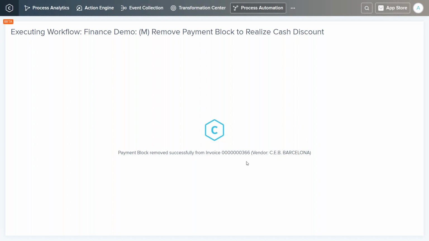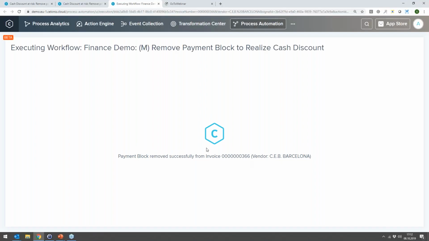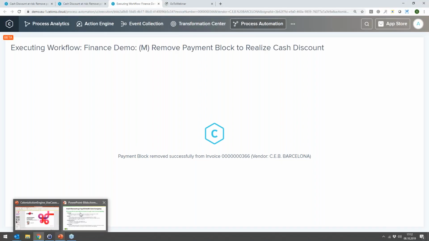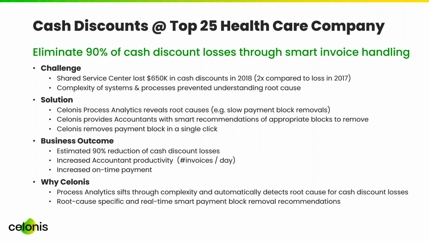So long story short, while this use case requires some complex analysis in terms of recognizing these invoices, with the Action Engine, we have now automated this analysis. We have forwarded the recommendation to the business user, and we have helped him or her to take the action with a single click. So we have reduced a lot of complexity for the business user and help him or her in their daily life.